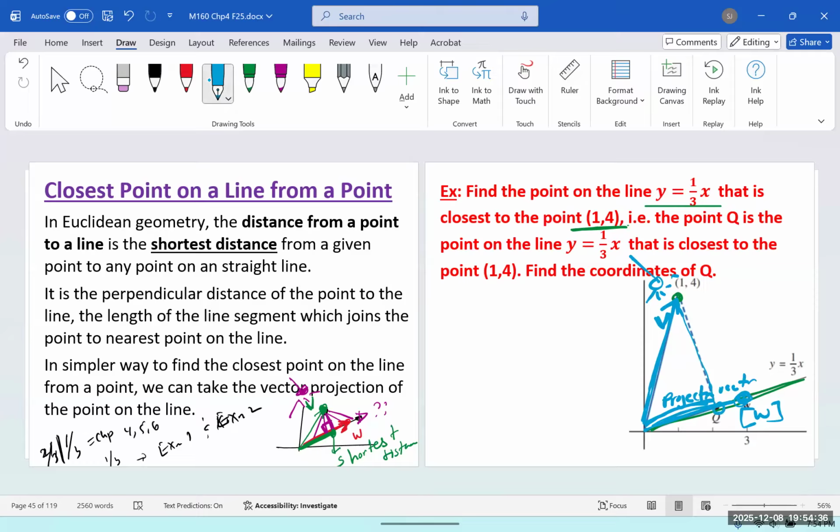This projection vector is going to give us the location of the shortest distance from this point to this line.